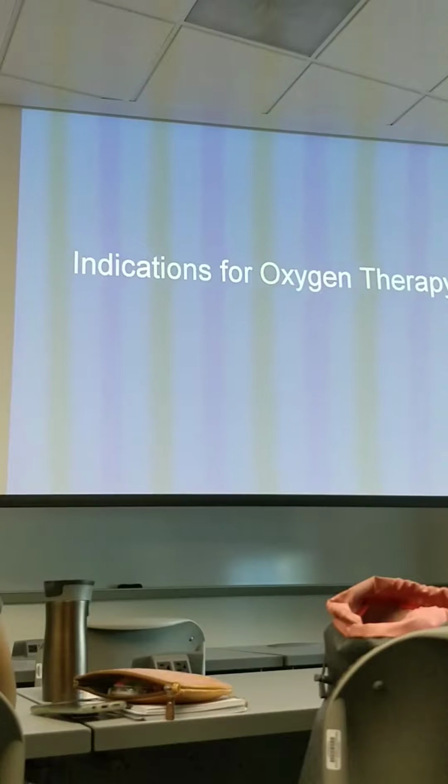Why would we put somebody on oxygen? Give it a shot. You go into a room, and you think this patient needs oxygen. You said cyanosis. Can't breathe. So they're a little short of breath. Have you done a blood gas or used a pulse oximeter to check their oxygen saturation?